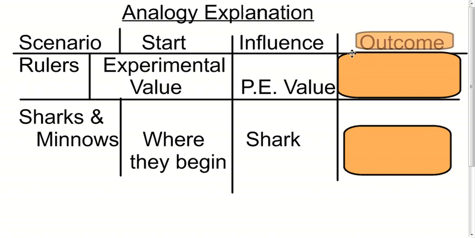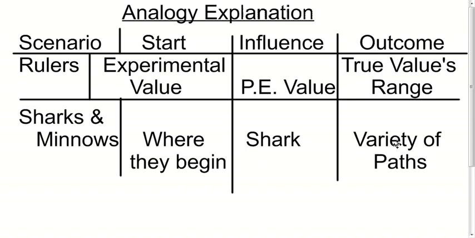And the outcome of this is, in both, the bigger this influence is, the bigger the range in each scenario. So like the bigger the range of the true value, or the bigger the variety of the paths that the people take.